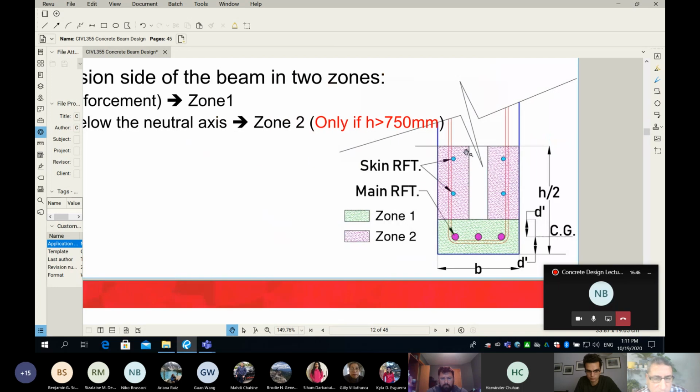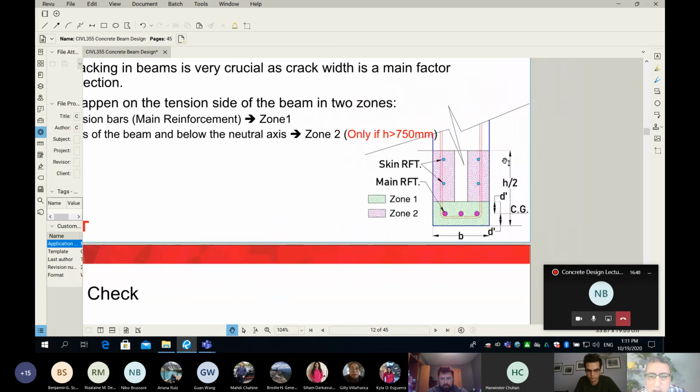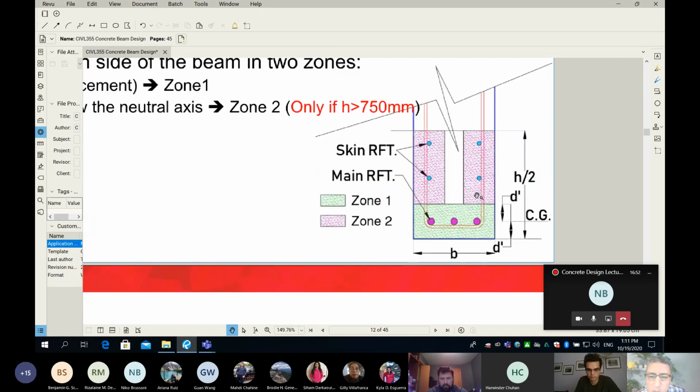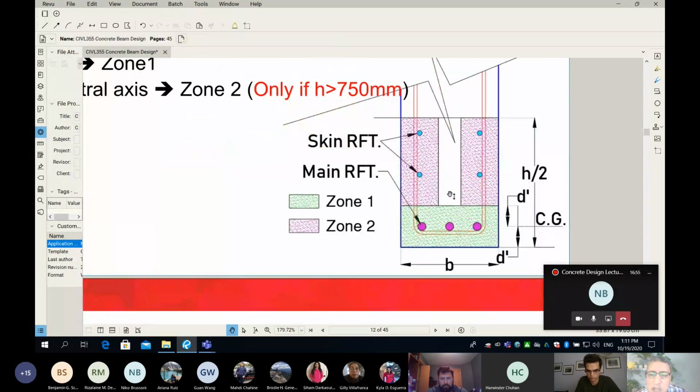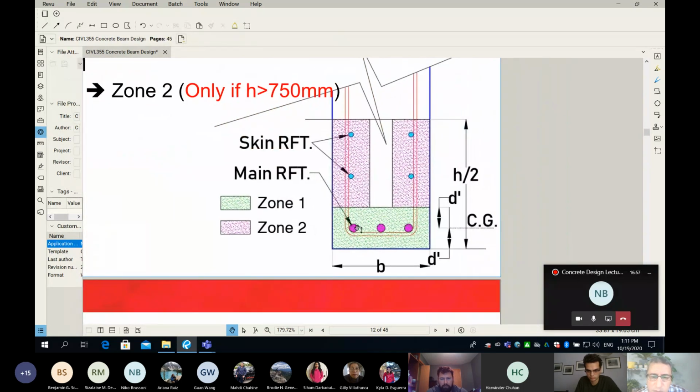And in this context, what we do is we split this area into two zones. The two zones are colored in different colors here, so you guys visually have to look at those zones. Zone number one is surrounding the main flexure bars, in green. And zone number two is on the side of your beam.